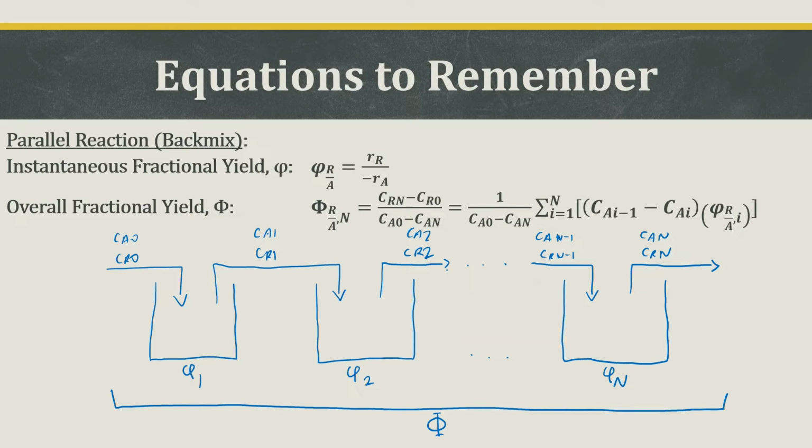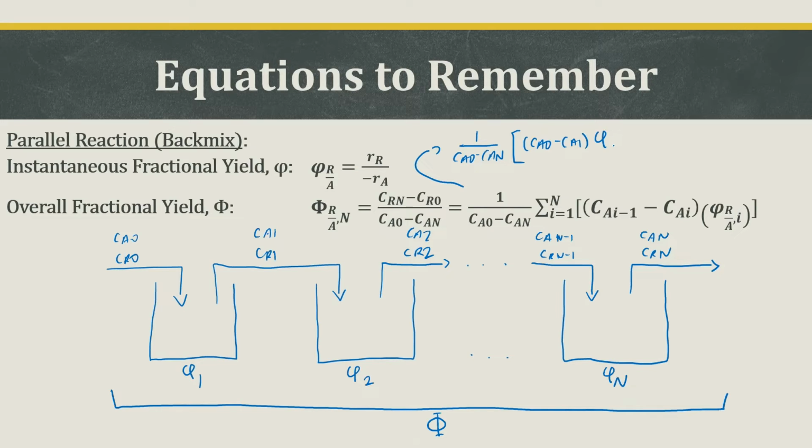Okay? And then to simplify this long equation, this is simply equal to 1 over CAO minus CAN times, CAO minus CA1 times the phi of R over A at 1.